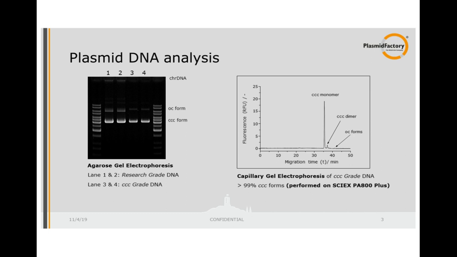And on the right side, you can see the capillary gel electrophoresis of such a DNA, where we have one big peak where you can see the monomer of the supercoiled plasmid, and you see a small peak which is the CCC dimer, so both are intact, simply double size is the small peak, and where the open circle should be, there is no peak, because in this purification technology we simply don't have it.